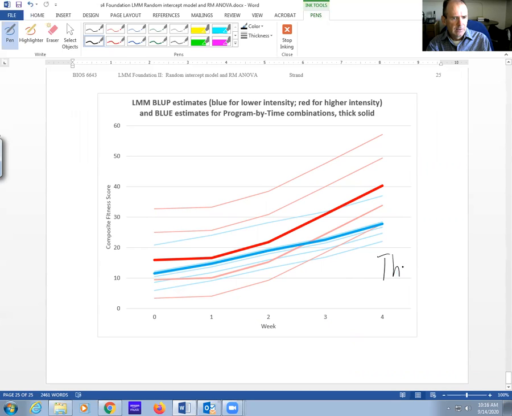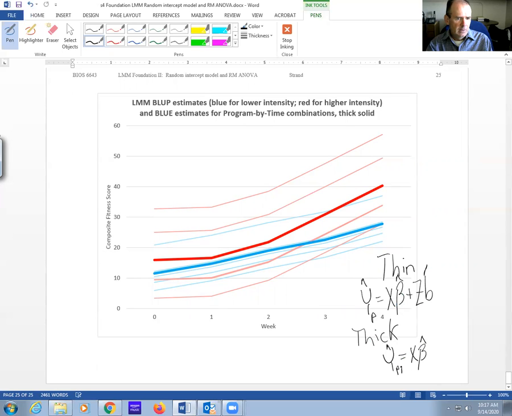The thin lines are these, and I'll call those the predicted values, and the thick lines are these, right? And they could both be of interest. These are probably the main thing that we get.